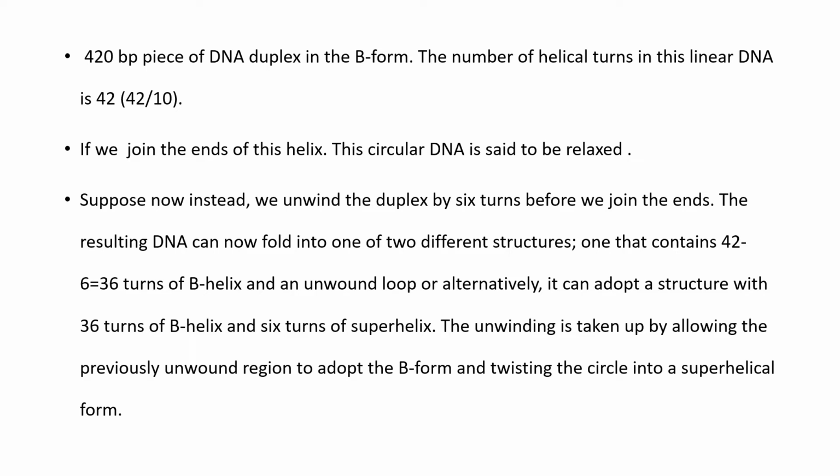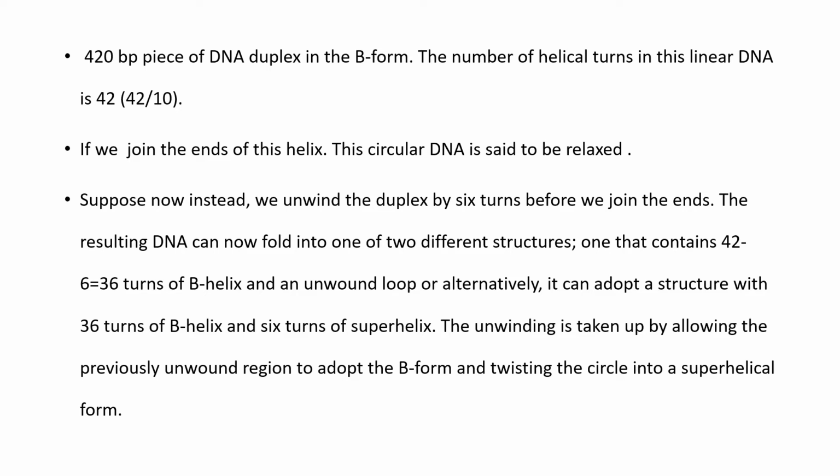And this conformation of DNA will be B DNA. It can adopt a structure with 36 turns, and again it will be a superhelical structure. The unwinding is taken up by allowing the previously unwound region to adopt the B conformation of DNA. There will be no change in the length of the DNA molecules.